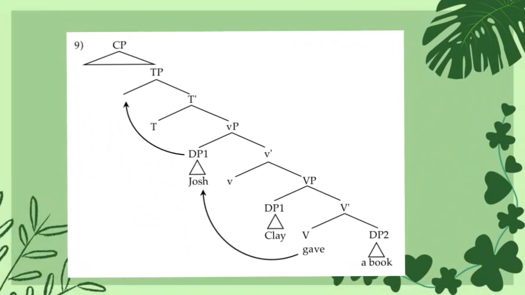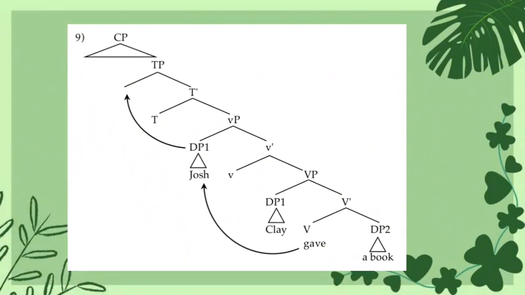Let's consider how this might extend to the ditransitives. It is a simple matter to substitute little v and big V in for the verb and X in number 5, giving the illustration here in number 9. Head movement of the V to little v gives the correct spell-out order: Josh gave Clay a book.